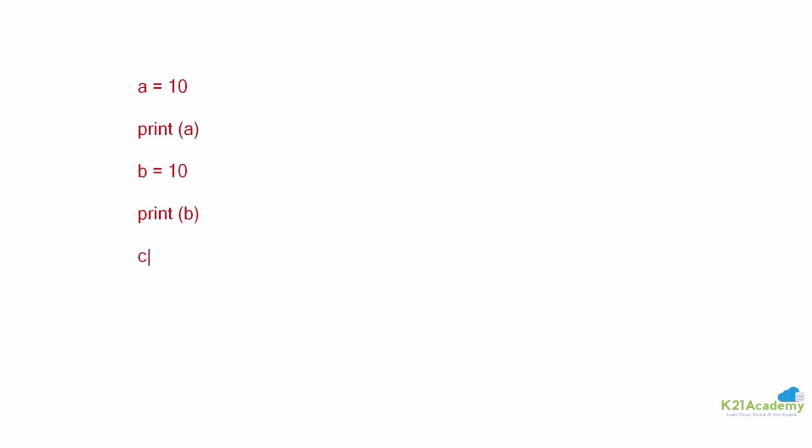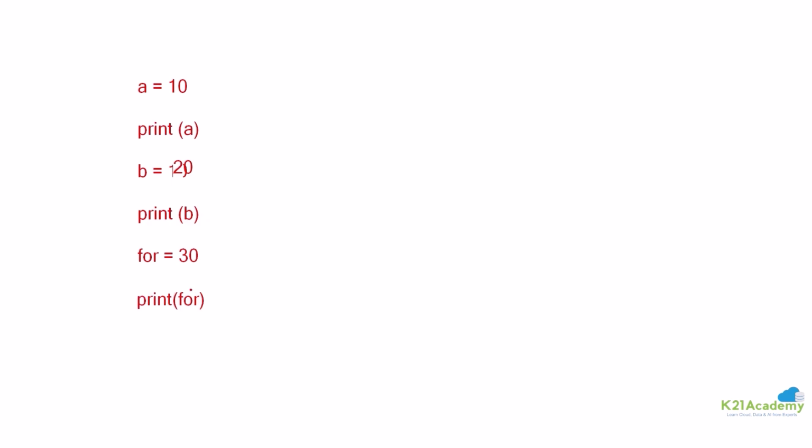Then by mistake I wrote a keyword, for is equal to 20, to avoid confusion. Now, if I say for is equal to 20, and let me just say print for.